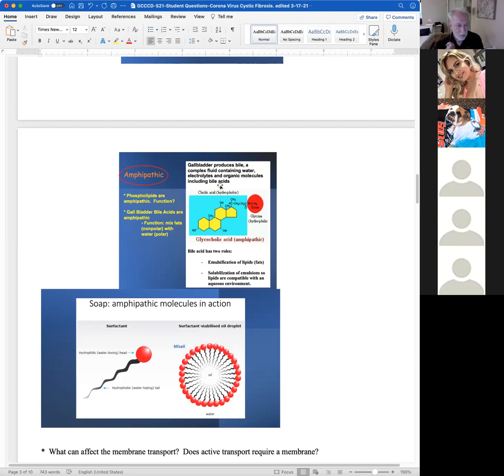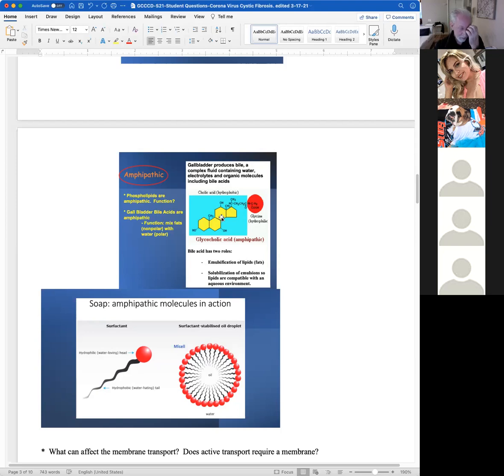That's why we have bile acids. Here you see an example of a bile acid, glycocholic acid. It is a steroid on one end, nonpolar. It's an amino acid on the other end, highly polar. That makes it amphipathic. So how does it function?